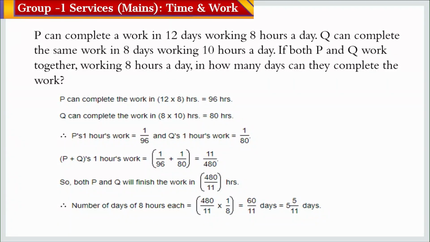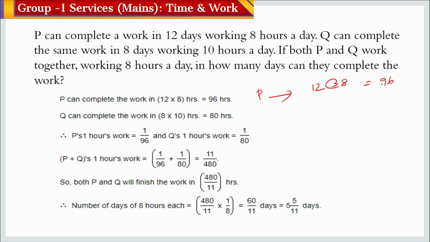P can complete the work in 12 days, working 8 hours per day. Q can complete the same work in 8 days, working 10 hours per day. If both P and Q work together, working 8 hours a day, in how many days can they complete the work? P completes the work in 12 days at 8 hours, so 96 hours.